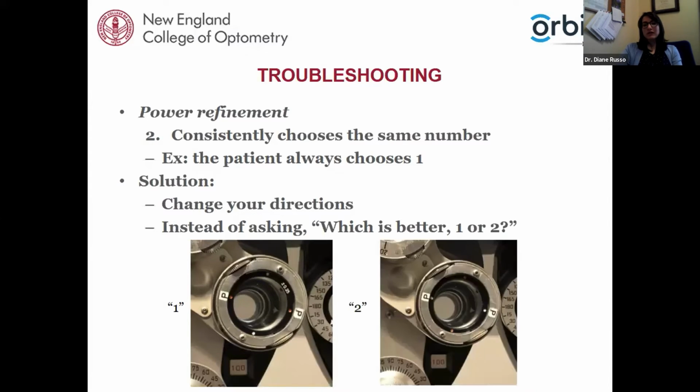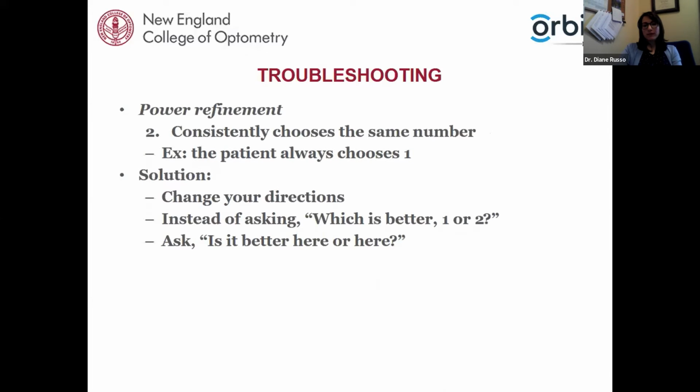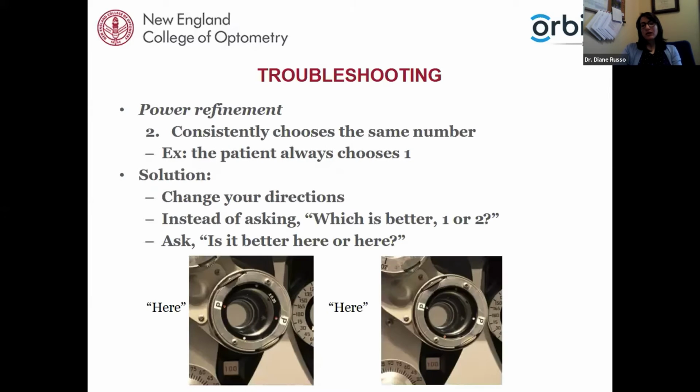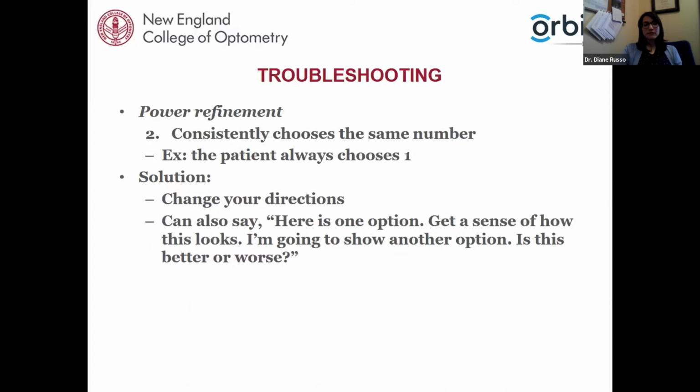So again, instead of saying, is it better 1 or 2, you can say, is it better here or here? Again, the patient may say this one or the other one, and that's how they would indicate. So instead of having to choose between the two numbers, they're still comparing the two views. It's a subtle difference, but some patients respond to that set of directions better than others.